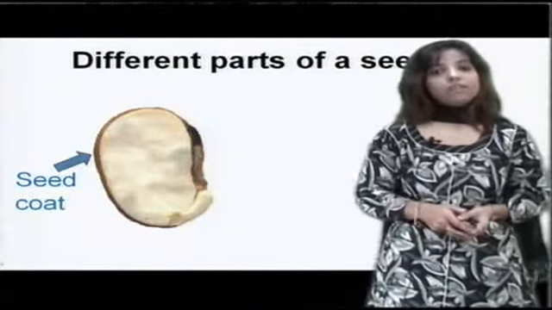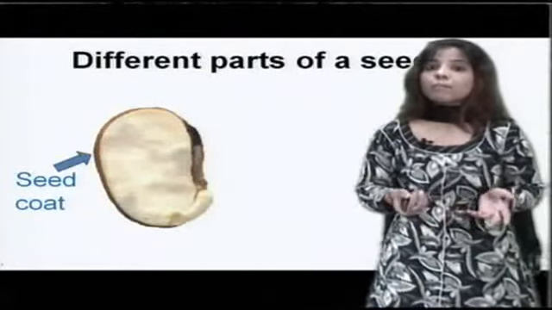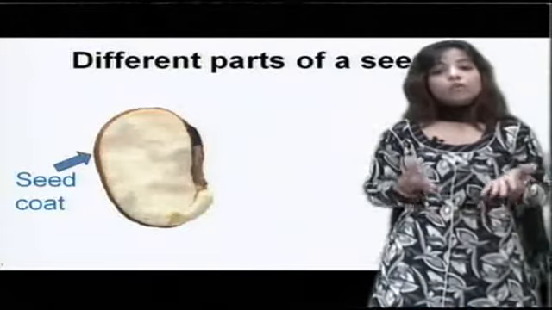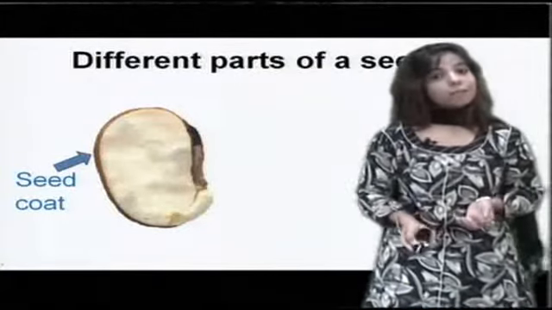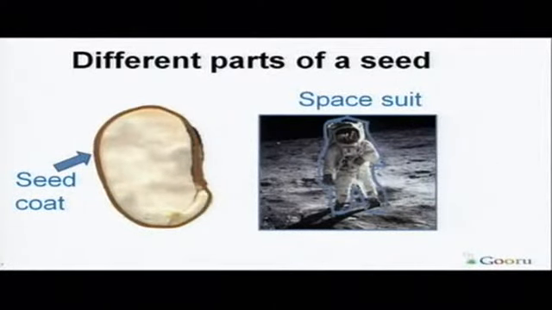It is the outer covering of the seed, and it protects the seed against the bugs or the insects or the rain, water. So we can compare it to the spacesuit of an astronaut, because a spacesuit provides 360-degree protection to the astronaut. In the same way, the seed coat is providing 360-degree protection to the baby plant.